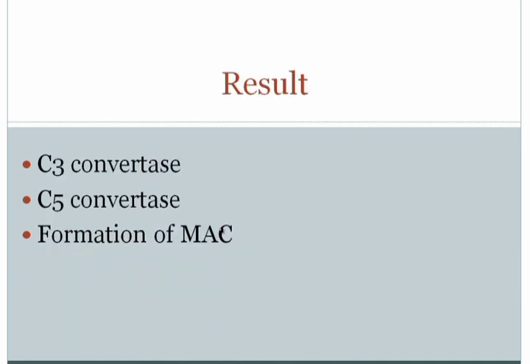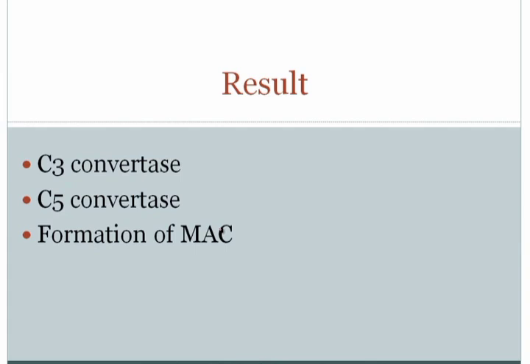The result of activation of complement is a little bit complicated, but can be summarized in just a very few simple principles. All pathways lead to the same result, which is that eventually C3 convertase gets generated. C3 convertase converts C3 to C3a and C3b, and then C3b joins in to help produce C5 convertase, and C5 convertase converts C5 to C5a and C5b.